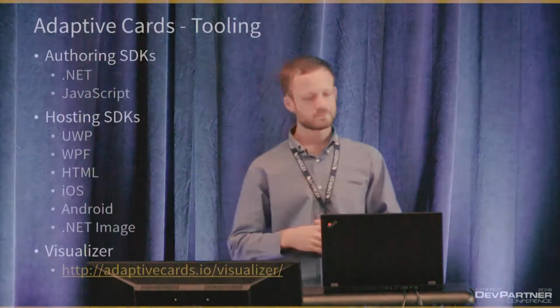As a fallback, you can use the .NET Image SDK hosting APIs to generate image versions of an adaptive card. They are no longer interactive. You can only render them once and then push them out to the user, and they see what that adaptive card is, but there's no interactivity in that model.